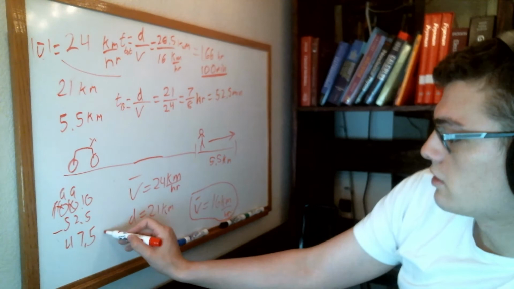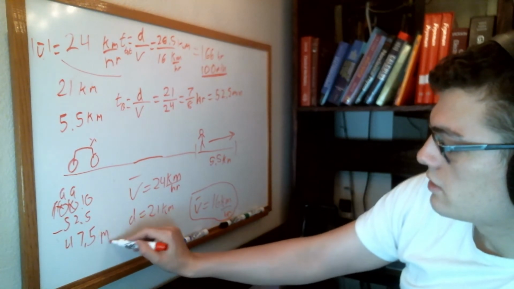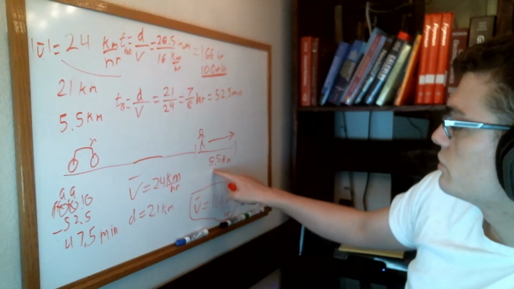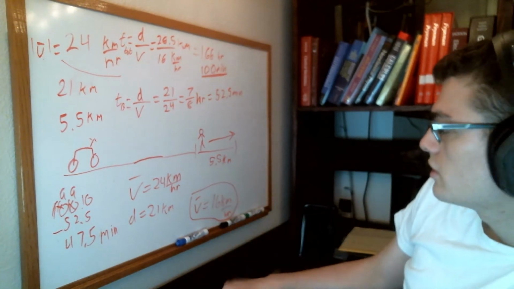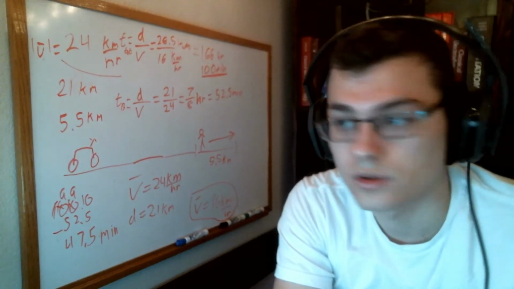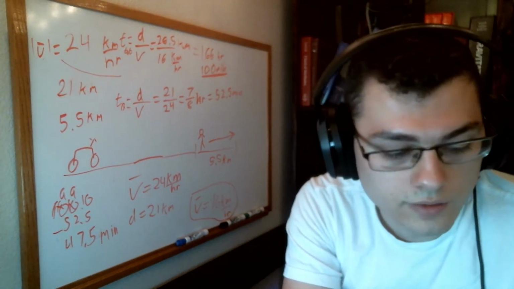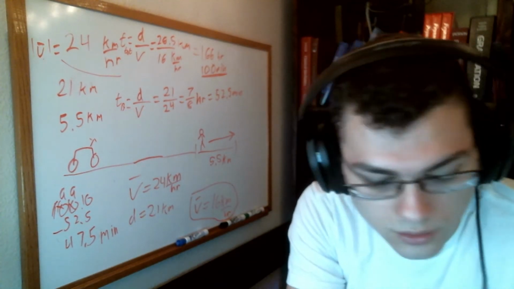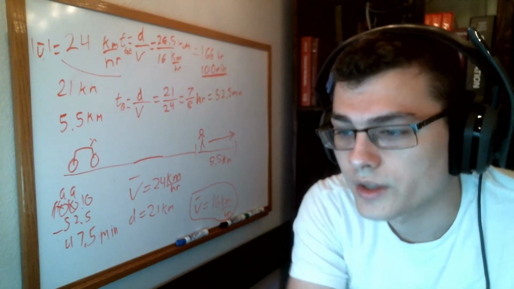Because this is our time in minutes that it takes to run this 5.5 kilometers, we take 5.5 and divide it by 47.5.